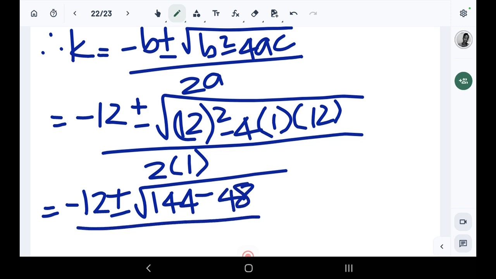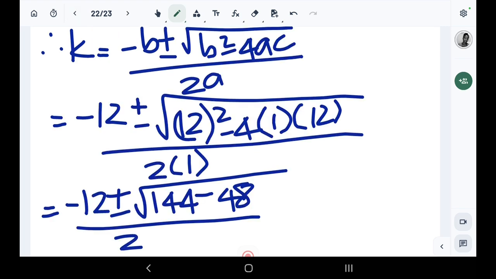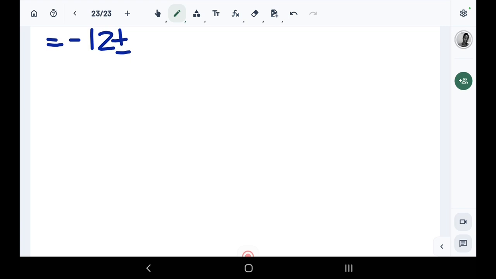All over 2, which is equal to negative 12 plus or minus the square root of 144 minus 48, that is equal to 96, square root of 96 over 2.